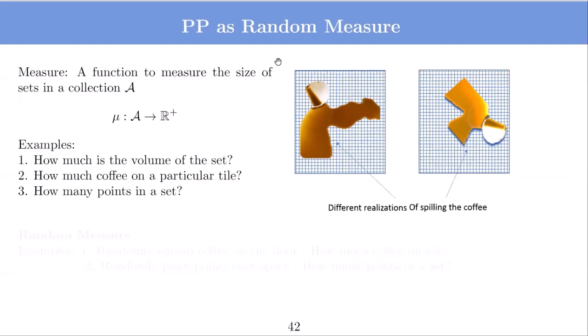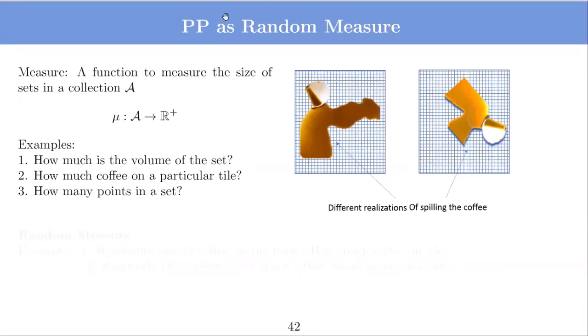So whenever a particular outcome happens, you get a particular set of points. And the probability you can also assign, because there's a probability measure there. So you know the probability of each outcome or a set of outcomes. And from that, you can compute the probability of getting a particular configuration or a set of configurations.